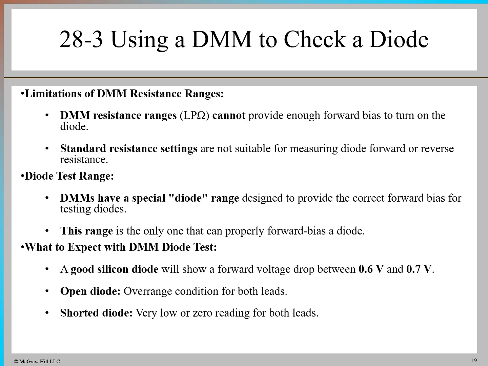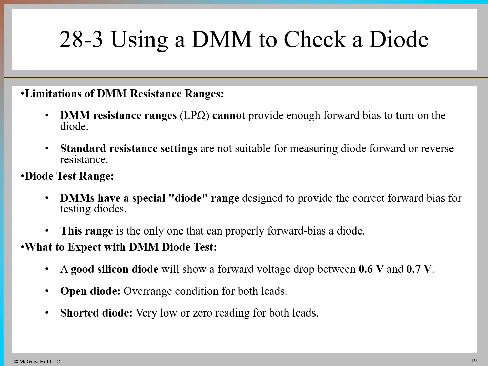Most digital multimeters cannot measure the forward or reverse resistance of a diode using the standard resistance ranges because they don't provide enough forward bias to activate the diode. These ranges are often referred to as low power ohm ranges. DMMs, however, have a special diode range that provides the necessary forward bias for accurate diode testing.